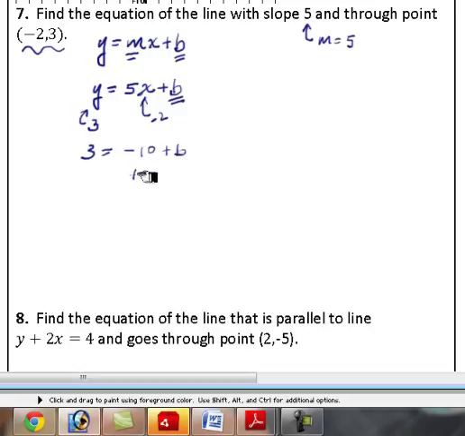All right, let's solve for b. Just add 10 to both sides. And we have that b is equal to 13. That's all the information we need now. Just continue filling in over here. And we have our equation: y is equal to 5x plus 13.